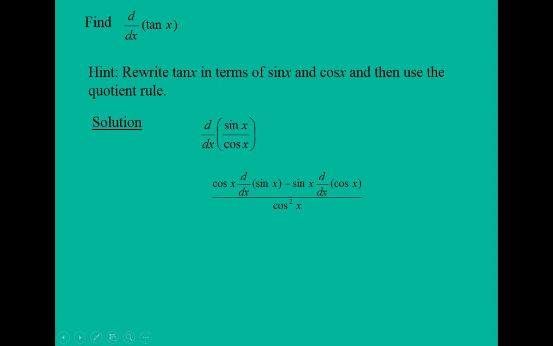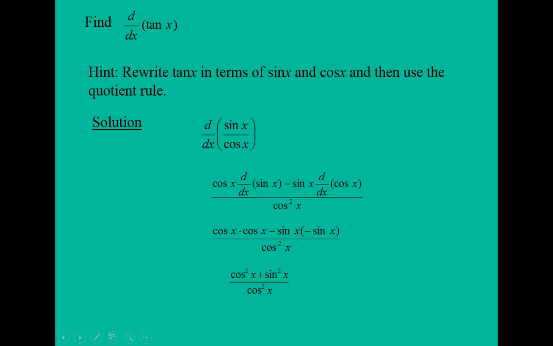And now we know the derivative of sine x, we know the derivative of cosine of x. Now notice in the numerator we get cosine squared x plus sine squared x. That looks familiar. Thinking about our trig functions, that's a Pythagorean identity, and so cosine squared of x plus sine squared of x equals 1.